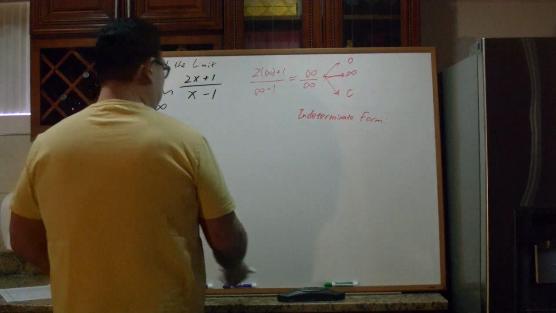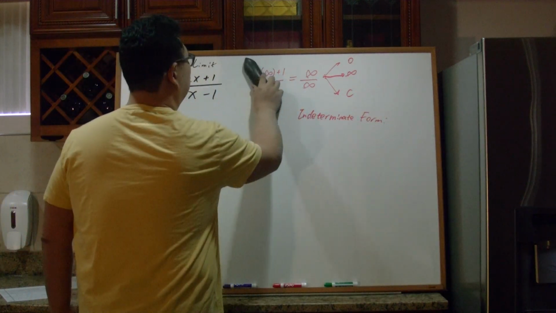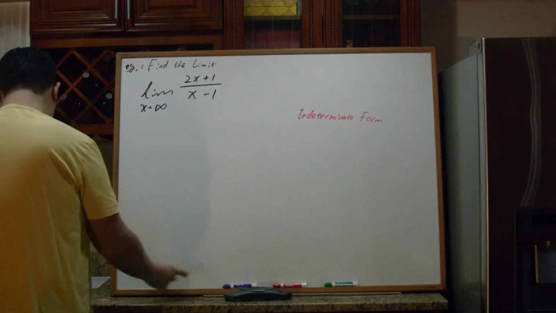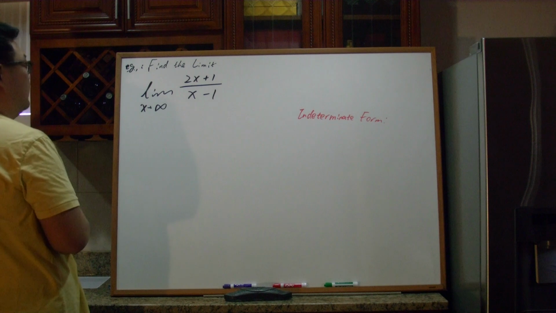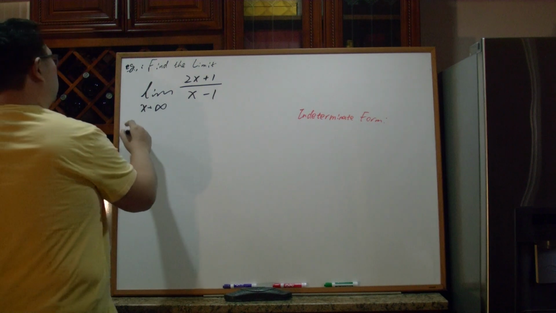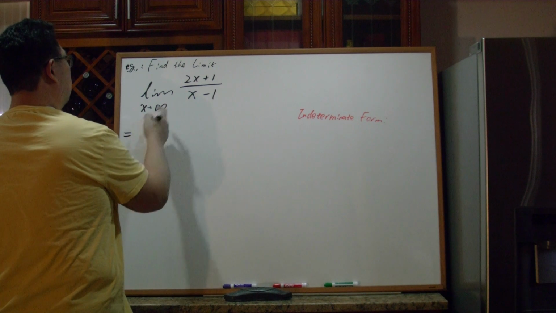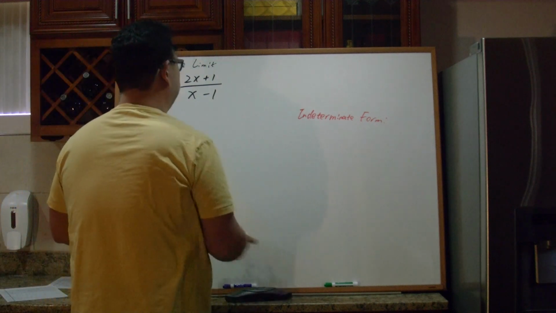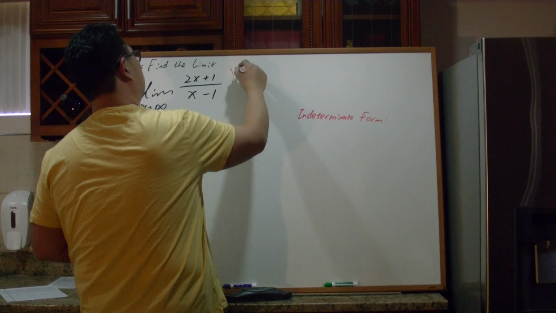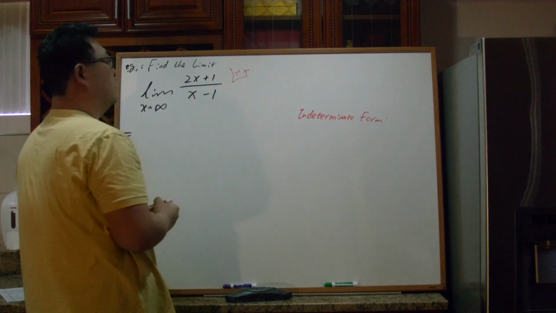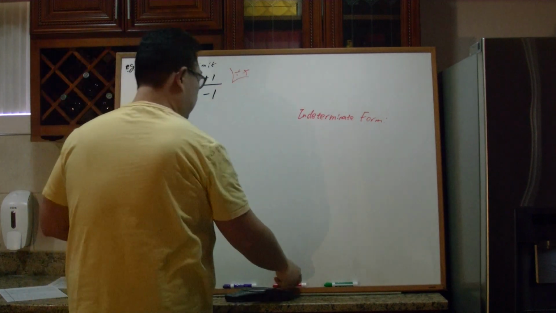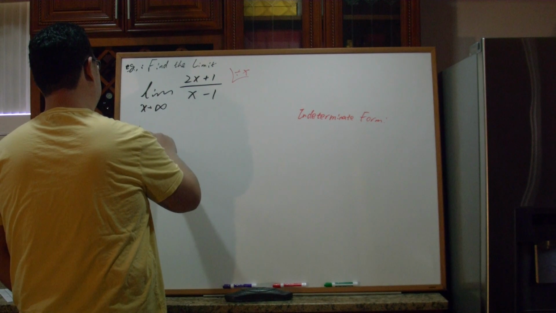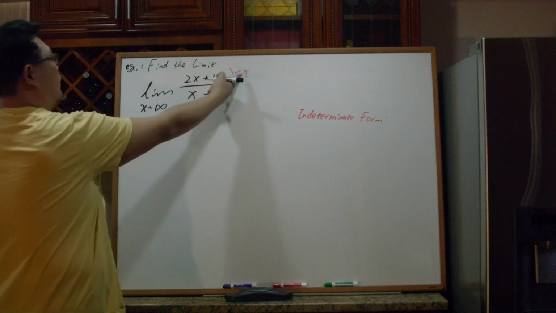Right, not only that, we'll have some other forms, but the type infinity over infinity is one type of indeterminate form. For this question, what we can do is divide the numerator and denominator by x, to simplify the expression. Why do we divide by x?